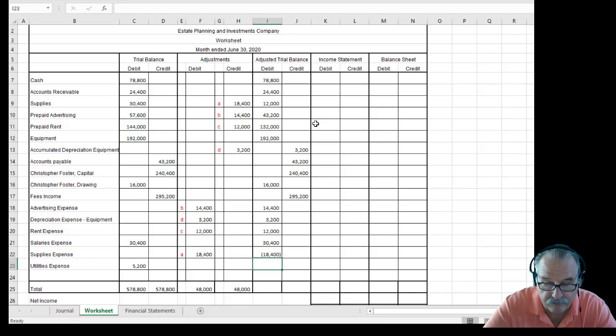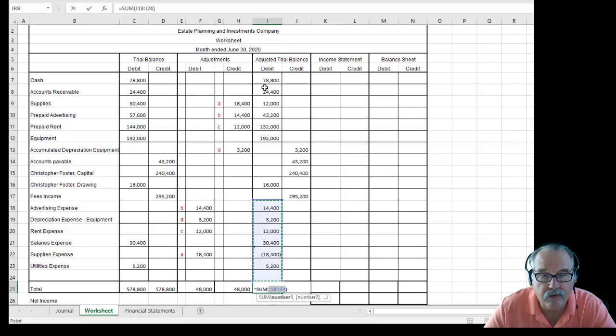Supplies 18,004, and utilities is 5,200. So when I total these up, I've got to balance out, and 554.